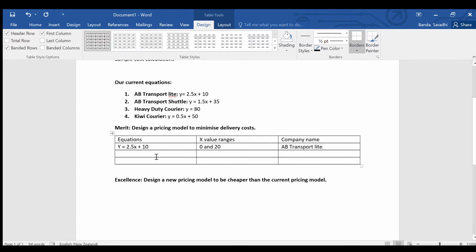The next equation was for the orange one, which is y equals 0.5x plus 50, and this was true for the x values between 20 and 60, and this represents Kiwi Couriers. And the last equation was the green one, which was y equals 80, and this is for any value of x that's greater than 60, and this represents Heavy Duty Couriers.